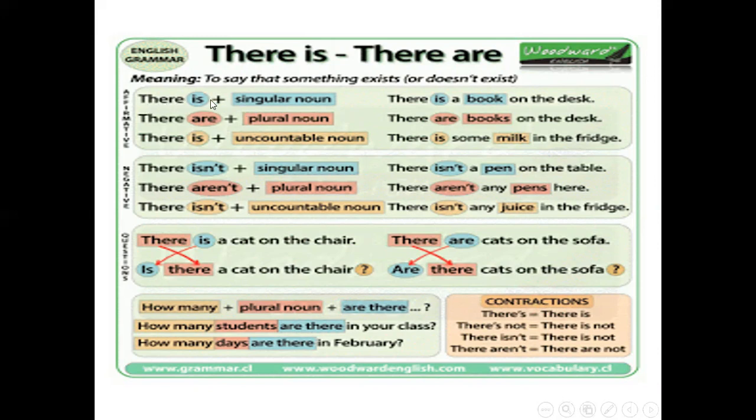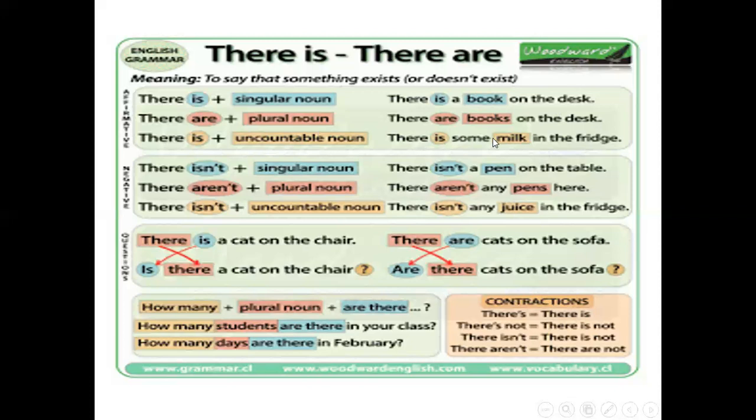So here I use there is with a singular noun and I use there is with an uncountable noun. Why? Because it's followed by a singular noun or an uncountable noun. For example, there is a book on the desk. Just one book, it's a singular noun.